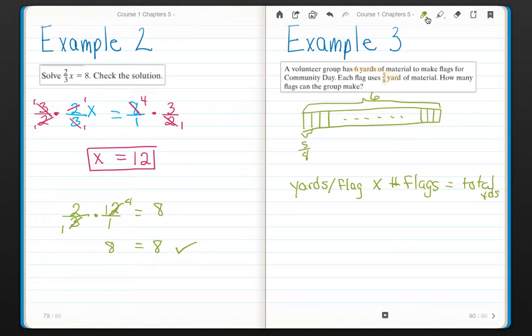So, how do we solve this? We start plugging in numbers. The yards per flag, I use 5/8 of a yard per flag times some number of flags. I'm not sure yet, so times x equals 6 yards. So 5/8 x equals 6.